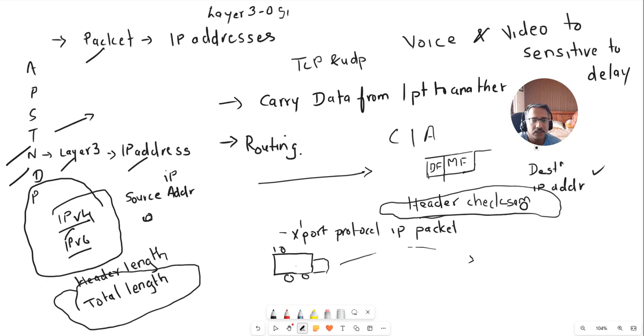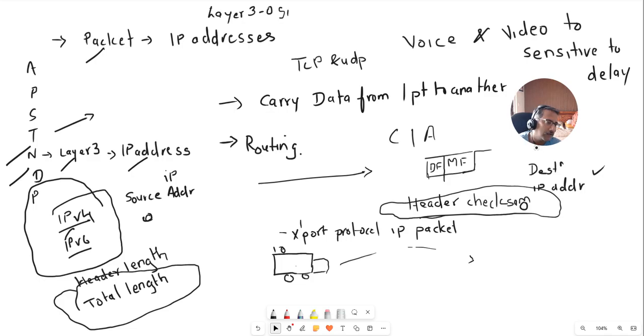Now suppose this truck is carrying a big piece of art. That big piece was not able to fit into the truck, so the guy has broken it into 6 or 8 pieces and marked each piece: this is number 1, this is number 2. When it goes to the other side, the guy who receives it will have to assemble it in the same order.